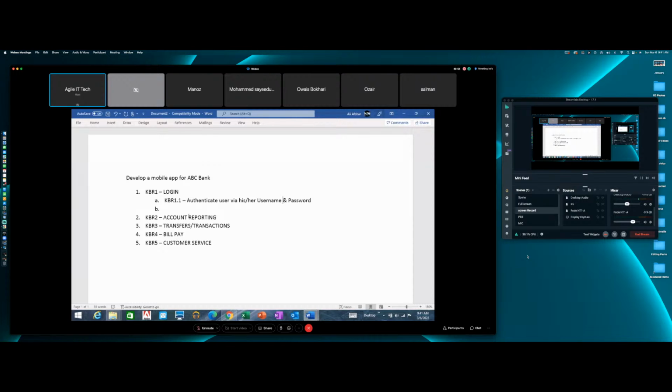Let me ask you, do we need to create a database for this mobile app? No. Which database can we already leverage?